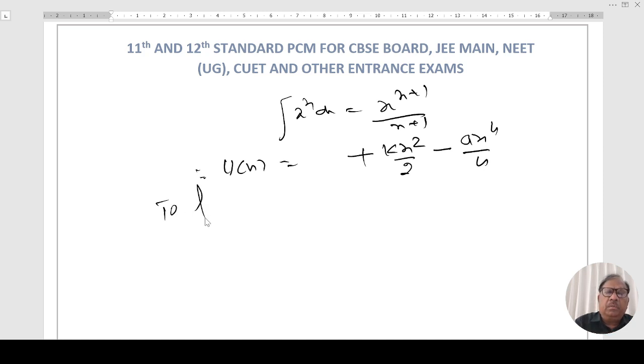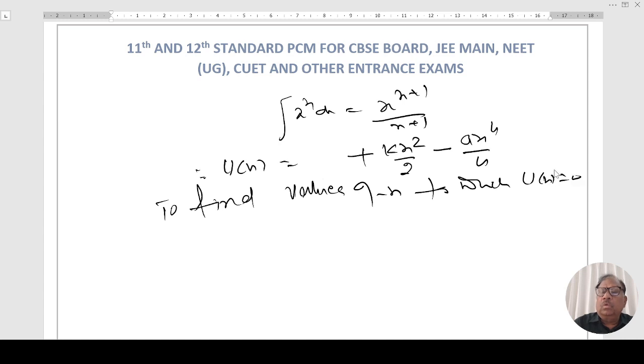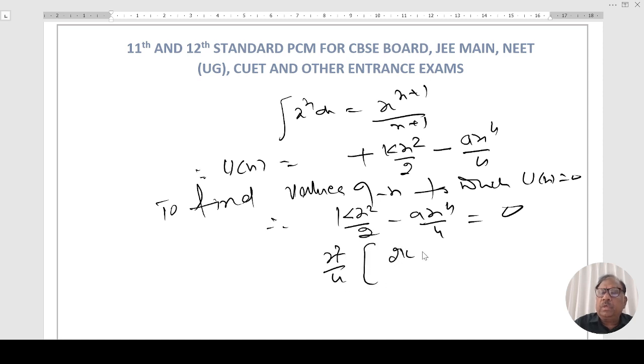Now to find values of x for which U equals 0, kx square by 2 minus ax to the power 4 by 4 equal to 0. So x square by 4 taken common, this comes out (2k minus ax square) equal to 0.